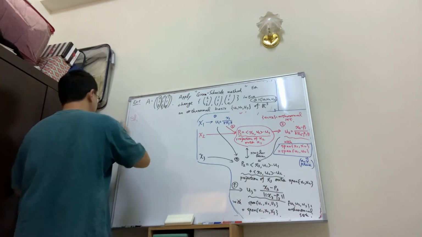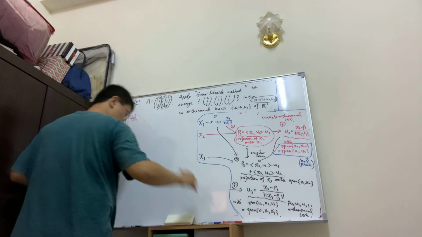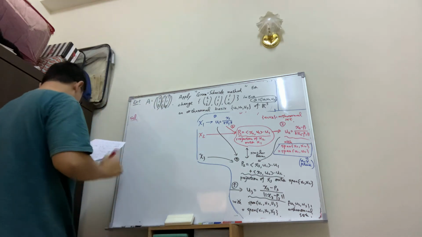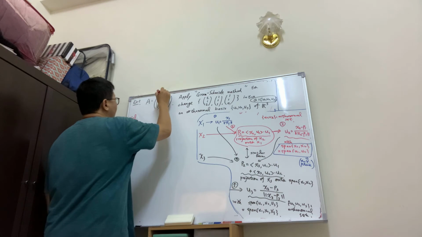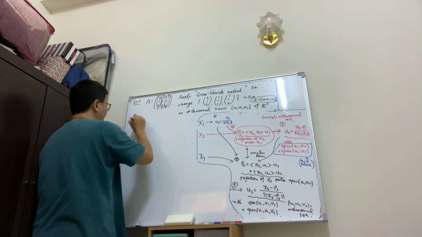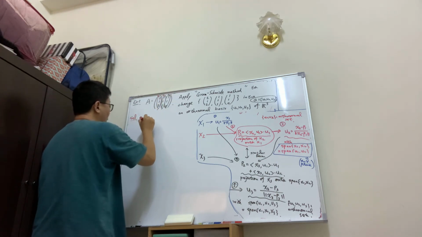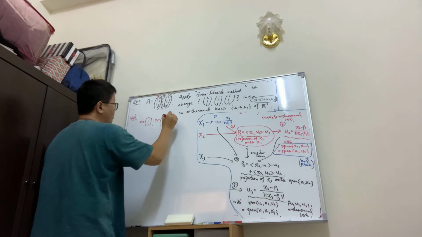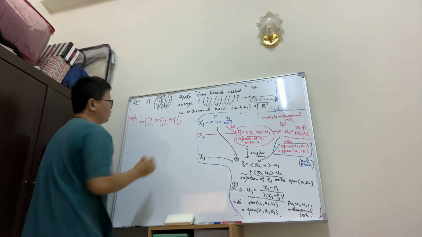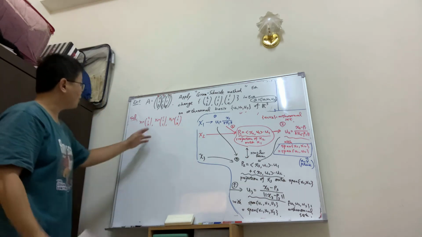The solution. So now we have three vectors, our x1, x2, x3. So we denote S1 as (2, 1, 2), S2 as (1, 1, 1), S3 as (1, 1, 0). And then you still could check its determinant.